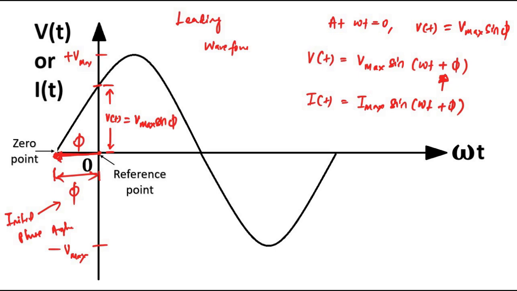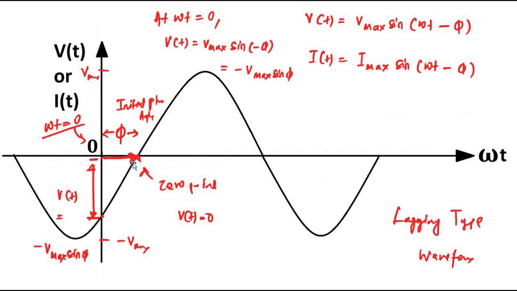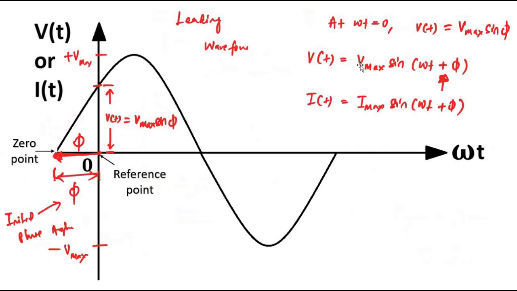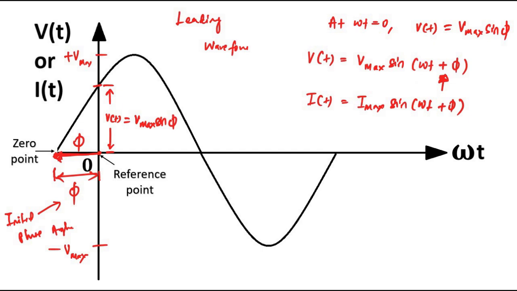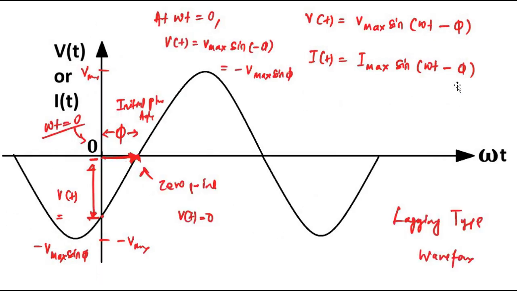For leading it is omega t plus phi, for lagging it is omega t minus phi. The amount phi, the initial phase angle, stays the same, but here it is positive and here it is negative.